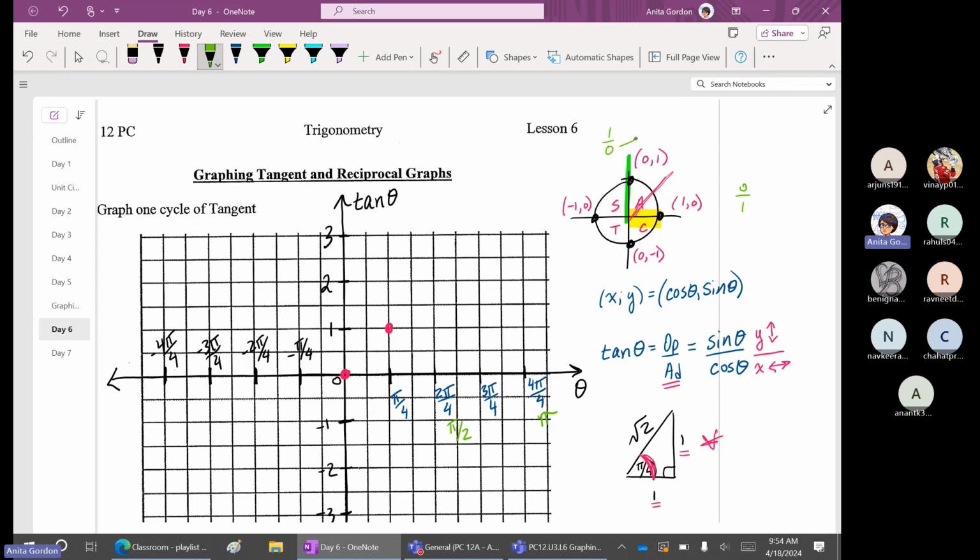We have a 0 in the denominator. Think back to unit 1 and 2. When we had a 0 in the denominator, what did that represent? A non-permissible value.